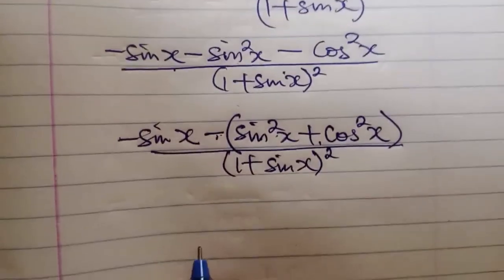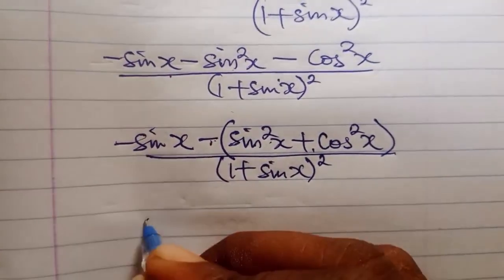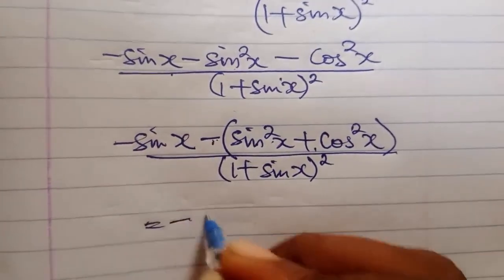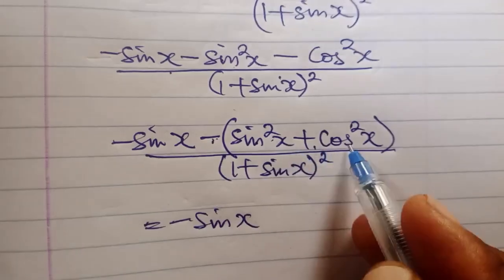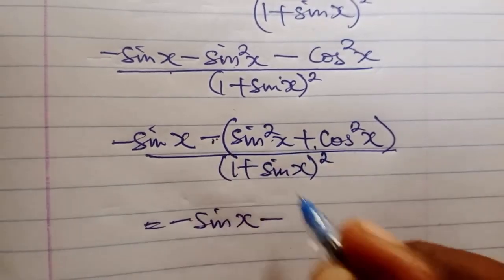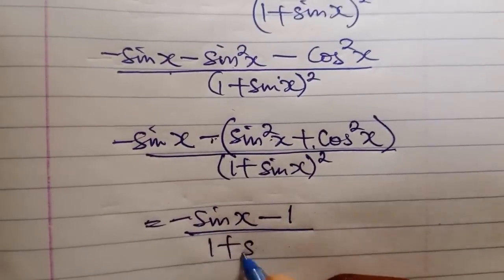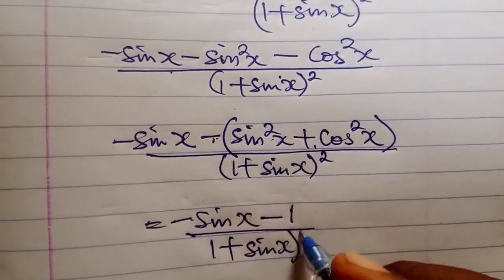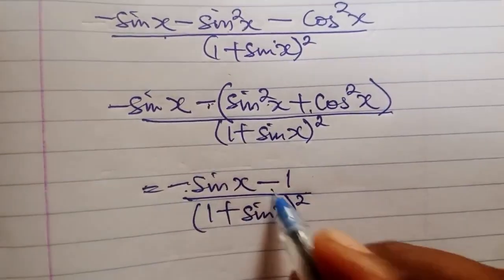The next thing we can do is apply the identity. There is a basic identity that says sine square x plus cos square x equals 1. So the minus sign outside, we write it. This is 1, we put it down, all over 1 plus sine x all squared. We can also rearrange this. There's a negative sign here and a negative sign here.